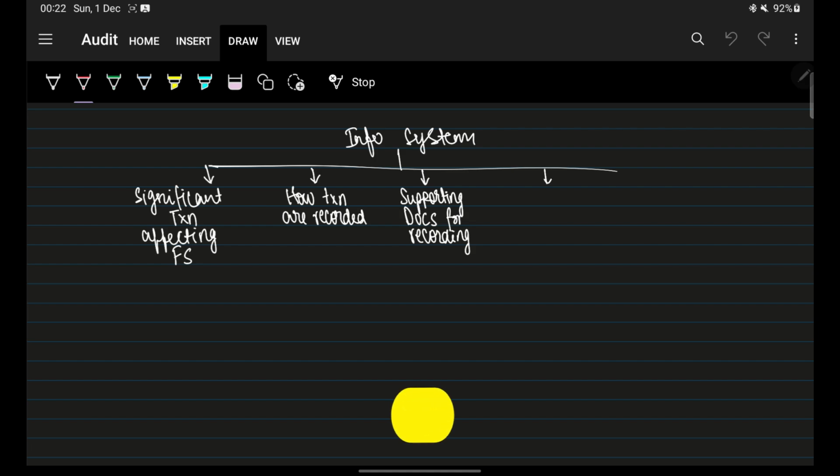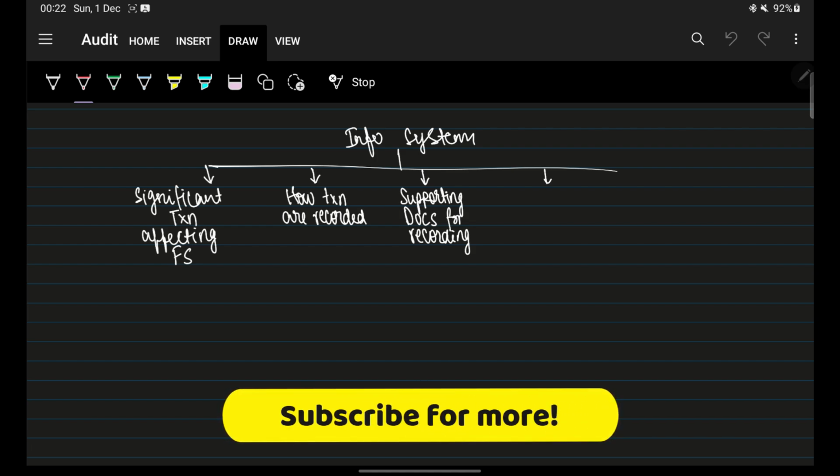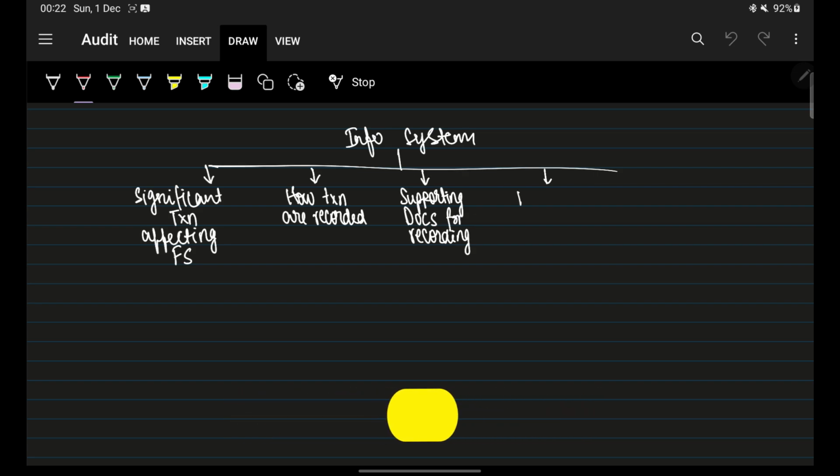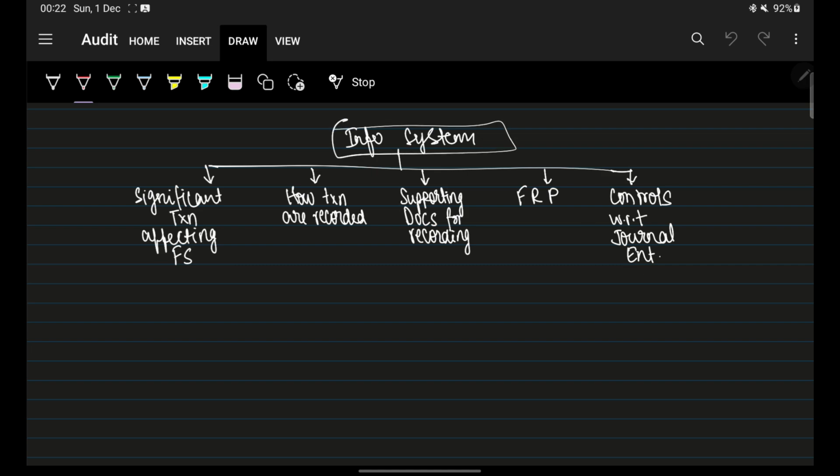And fourth, he has to understand the financial reporting framework or financial reporting procedures. And lastly, he also has to understand the controls that are placed with regard to journal entries. Okay, so this is about information system.